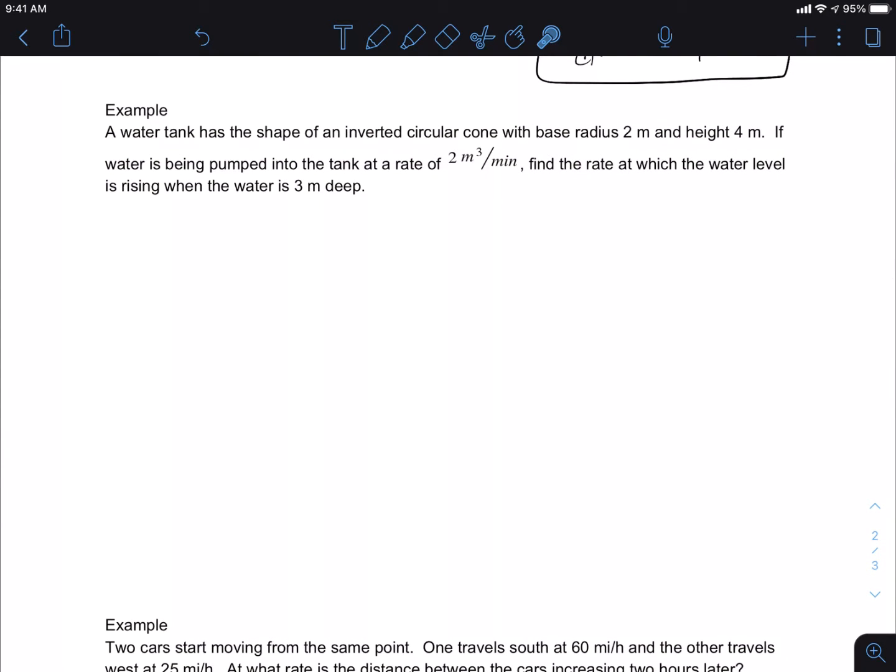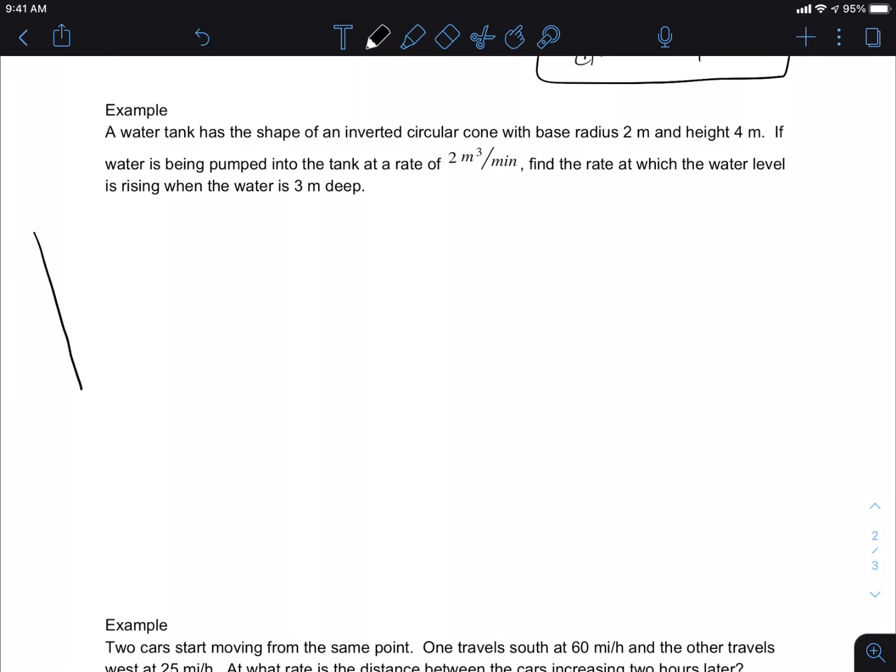This is typically kind of a hard problem for people. So as I talk about this problem, if there are questions or uncertainties about things, please be sure to ask. What this problem says is that a water tank has the shape of an inverted circular cone. So the very first thing I want to do is draw it.